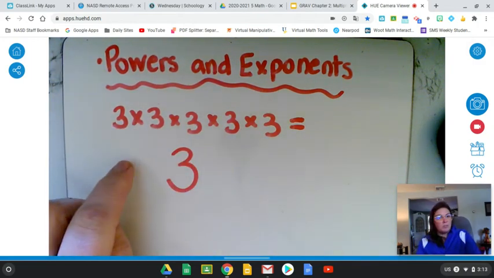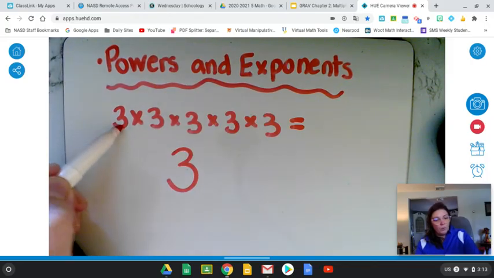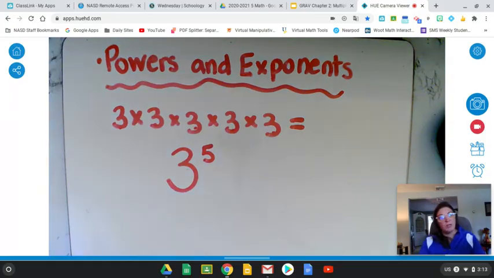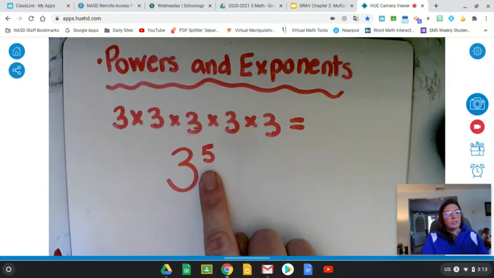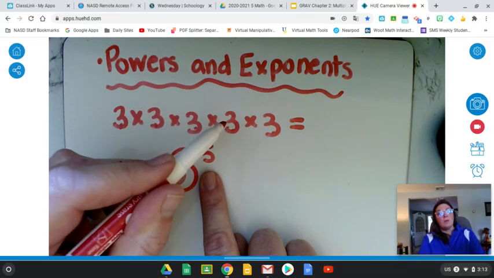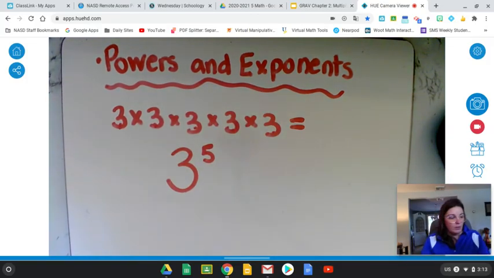And how many times did I multiply 3? 1, 2, 3, 4, 5. So I could write that as 3 to the 5th power, or 3 to the power of 5. Remember, that's not going to equal 15. It's going to equal 3 times 3 times another 3 times another 3 times another 3, not 15.